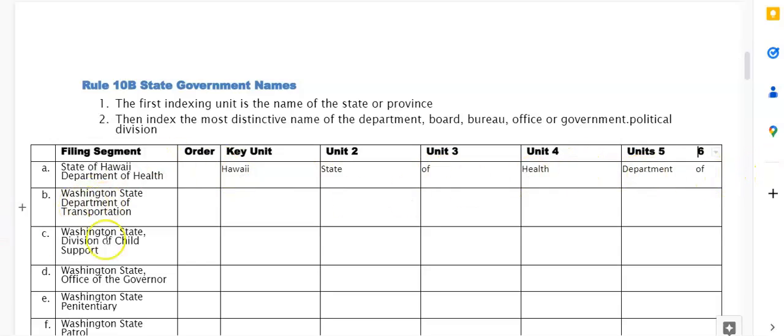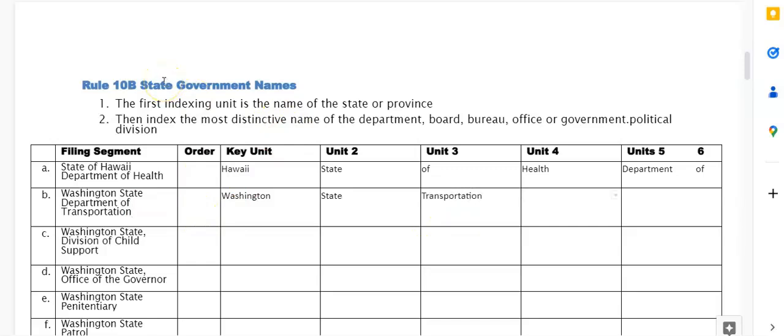Okay, for letter B, we have Washington State Department of Transportation. So Washington is the name of the state. Unit 2 is state because that's the next important part of the state name. Okay, and then we need to look at the name of the actual department. So the most important part of the name, or distinctive part, is the transportation.